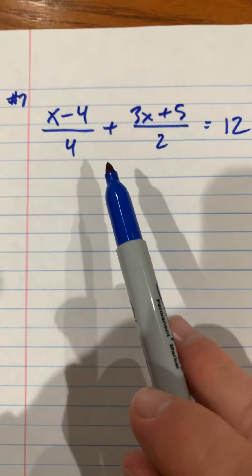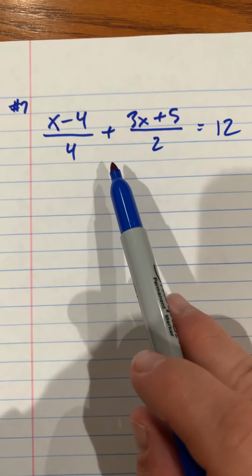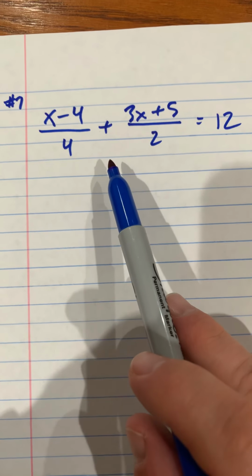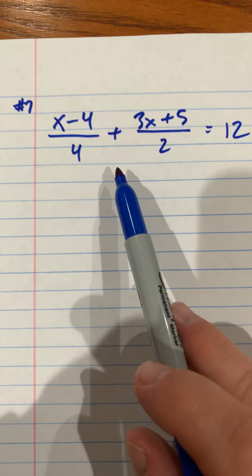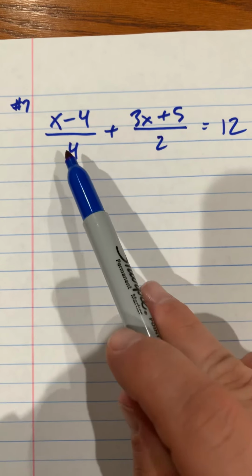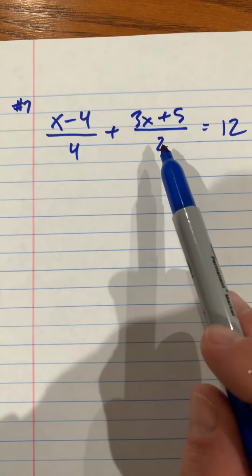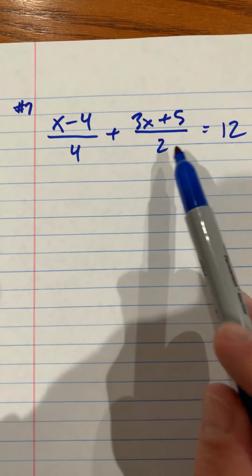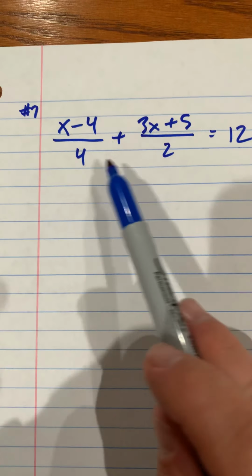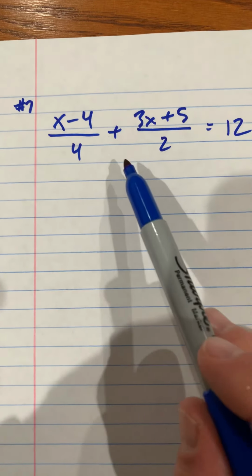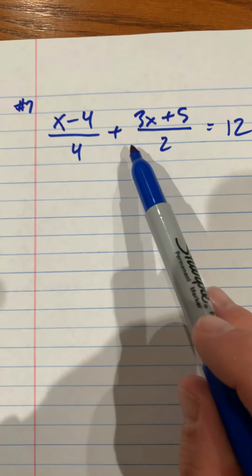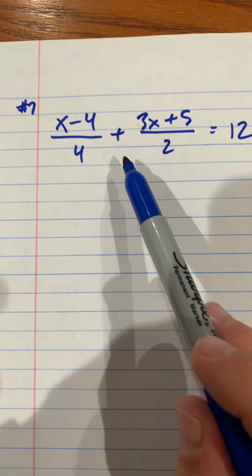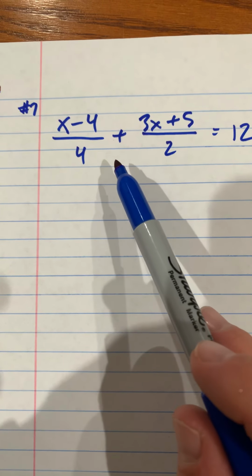All right, so the way we're going to deal with all of these problems, the three examples that I'm going to show you, is we're going to eliminate these fractions by multiplying every single term by the least common denominator. If we were going to add these together, what would be your LCD, your least common denominator?